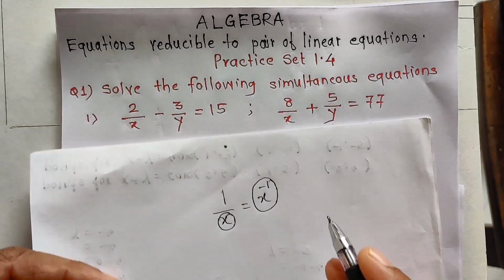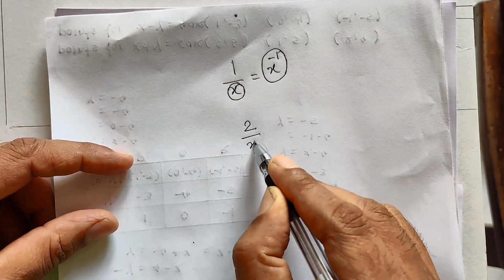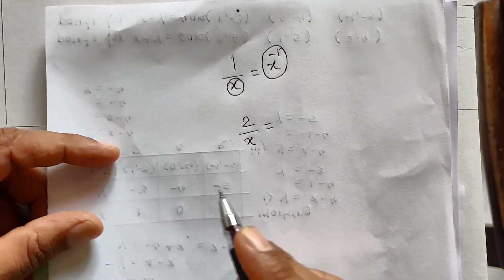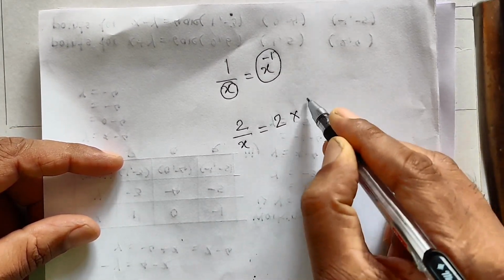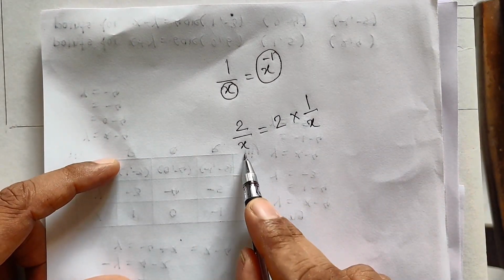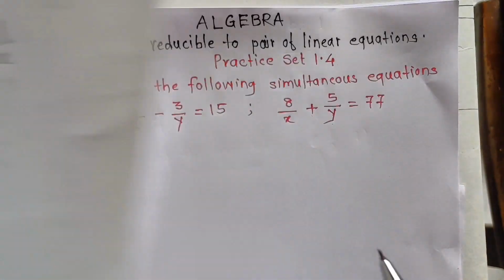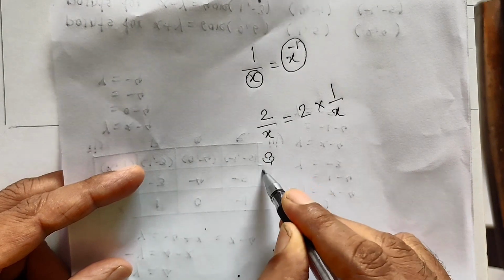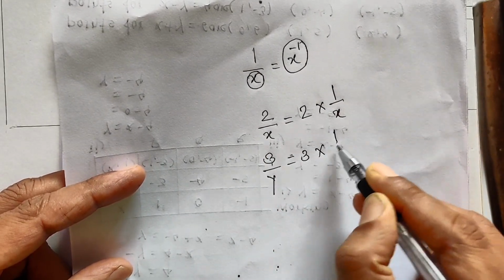Second thing, this term 2 upon x means 2 multiplied by 1 upon x. And the second term, 3 upon y, can be written as 3 multiplied by 1 upon y.